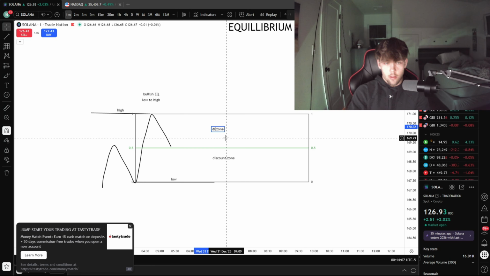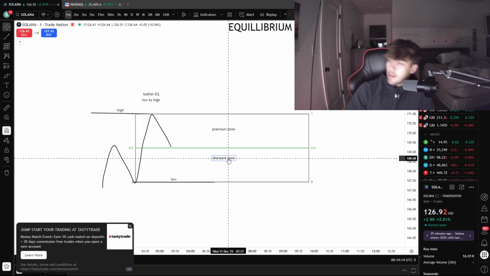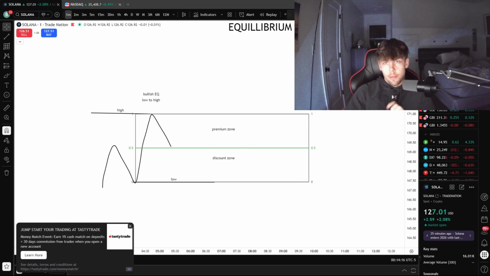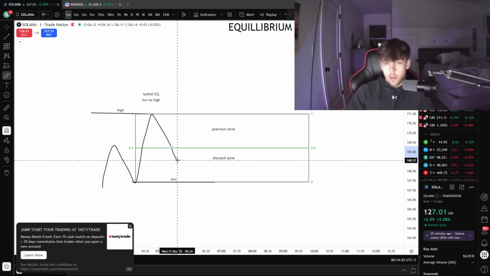And the top zone is a premium zone. What does this mean? So the discount zone, it means when price comes below this halfway point, it means price is now at a discounted price. It means price is at a cheap price.